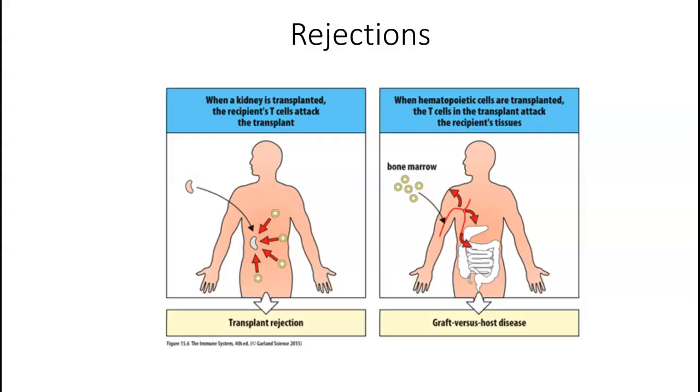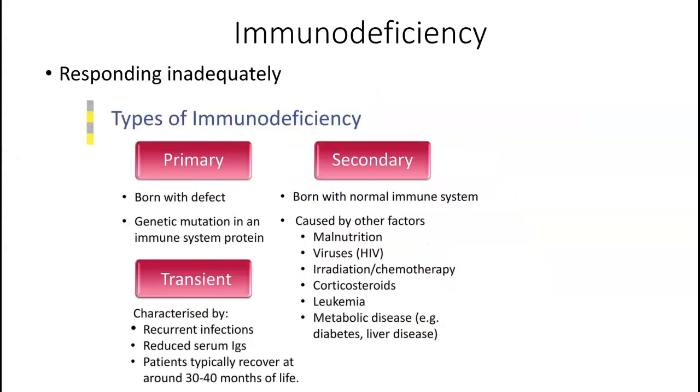Graft versus host disease is when the T cells in the transplant start attacking the tissue, and that brings in the host immune system to have this big inflammatory response. Again, rejections can happen as soon as the transplant is done, or they can happen years later. I've known people to have lived many, many years with transplants without being rejected.